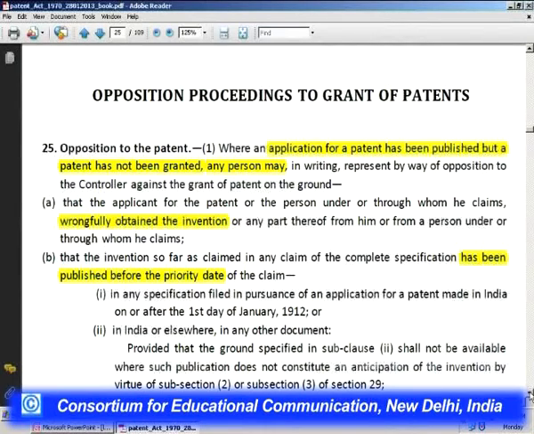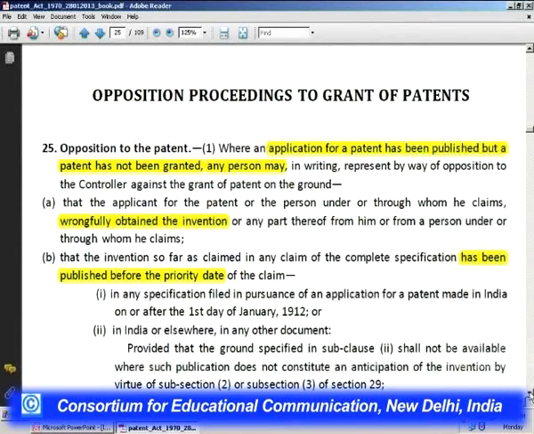granted. So two things are noticeable from the very first sentence of section 25(1): an application for pre-grant opposition can be filed only after the patent has been published but the patent has not been granted. Only after the patent has been published.